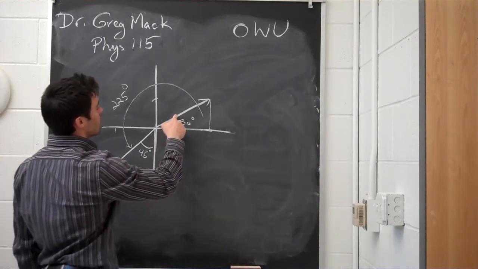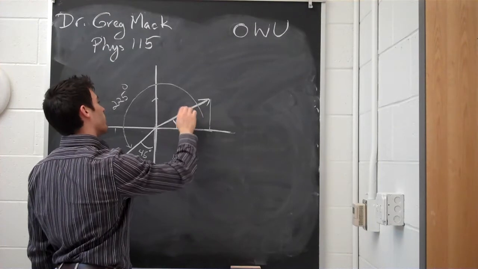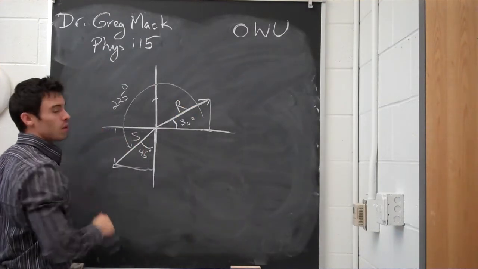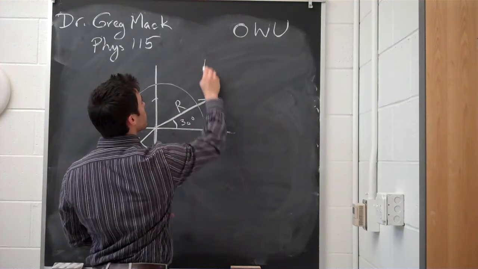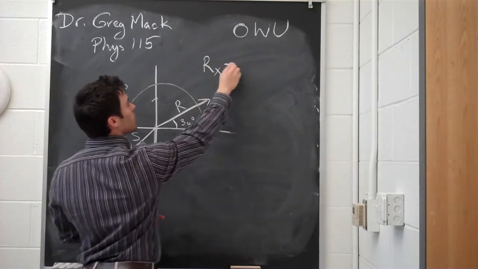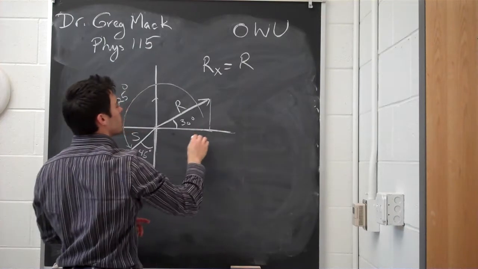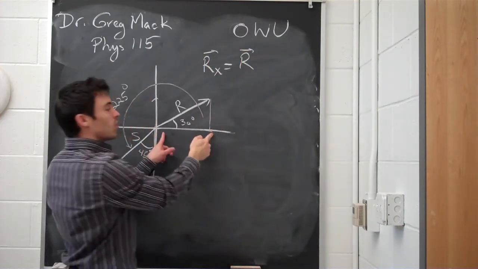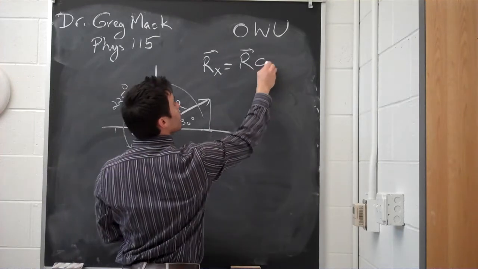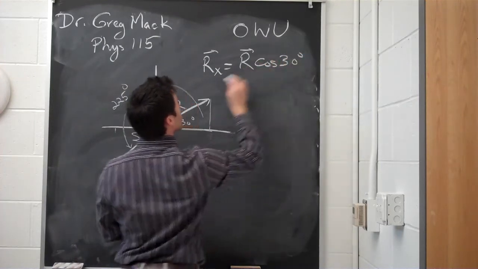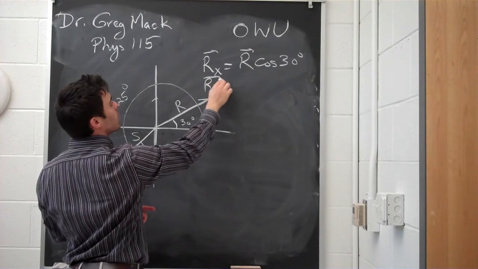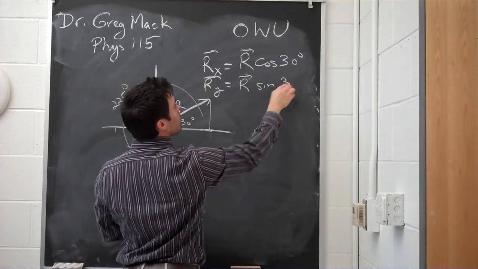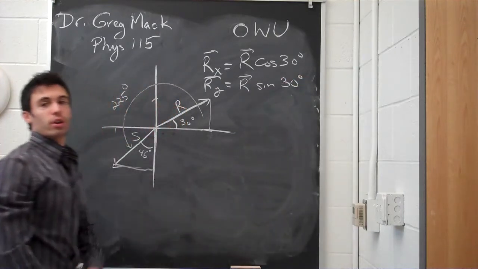So if we called this vector r and this vector s, then the x component of r is going to be equal to r, and I'll write them as vectors, r times the cosine of 30 degrees. Ry is going to be equal to r sine of 30 degrees.